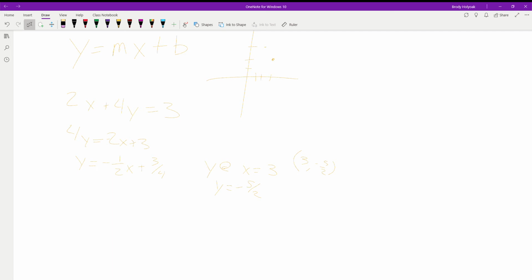So the idea is you're given an equation for a line, and you want to find out where this point is going to be where your x is equal to 3. You plug your 3 in for x, and then solve down for your y value. It's just algebra. That's all we're doing.